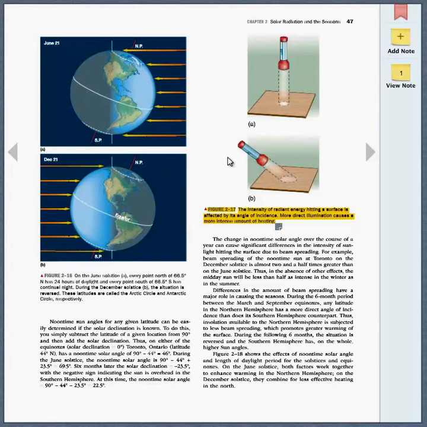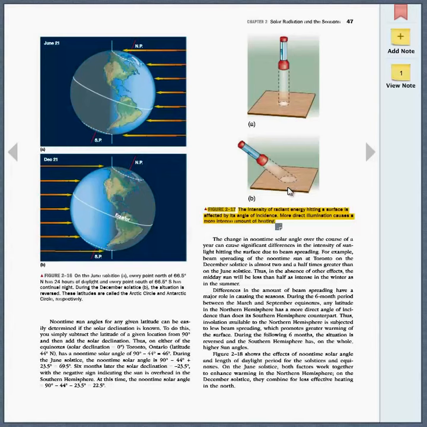It's direct, and then shows you as it comes at an angle. When it comes in at an angle, like in figure B here, it's being spread out over a larger space. If you can see, that circle is actually larger at that angle than it is when it's directly overhead. So that means the beam spreading makes the energy not as intense, so it's going to be cooler.